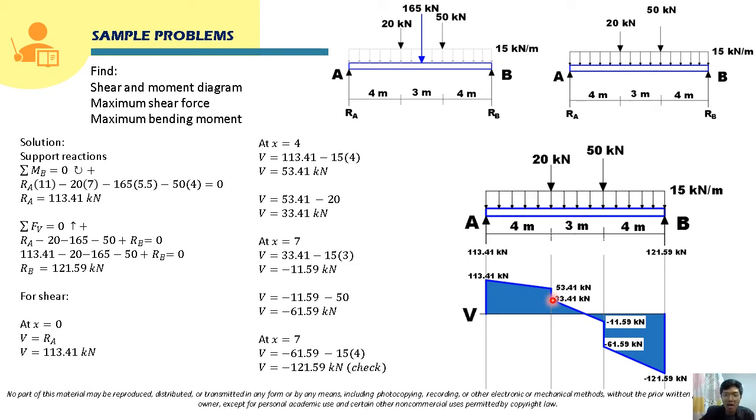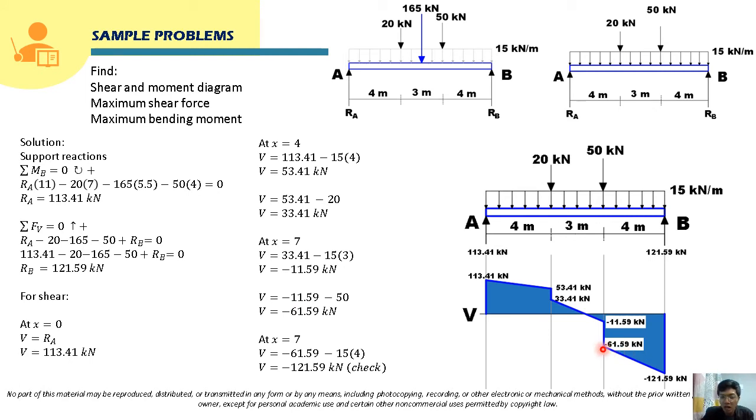And then at x equal to 7, at this point, class, the shear is negative 11.59. Since this is negative, it will be plotted below the x-axis, somewhere here, negative 11.59. Also, class, there's a concentrated load here. Therefore, this shear will go down further. So this will become negative 61.59 at this point.